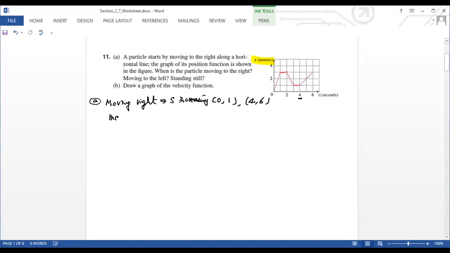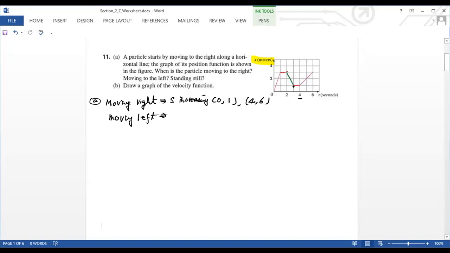Now let's take a look at moving to the left. Moving to the left means the position is decreasing. At 2 seconds, you are at position 3.